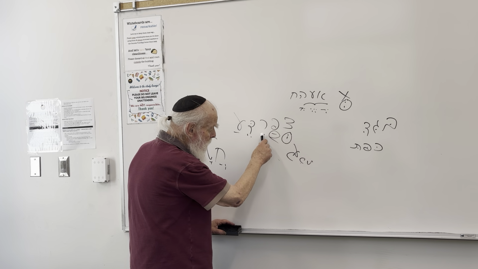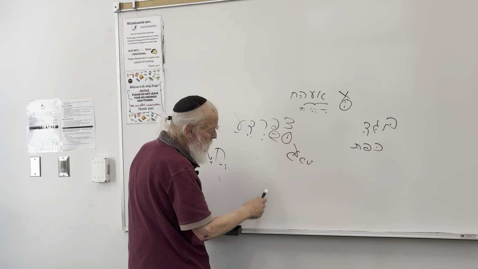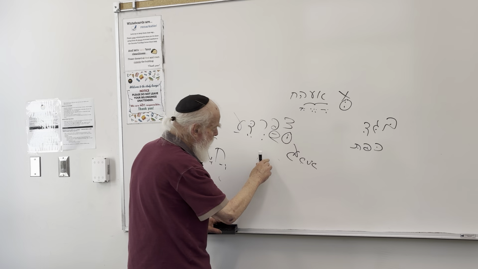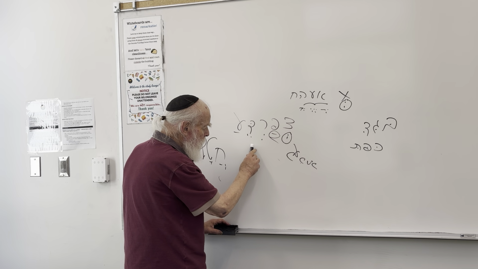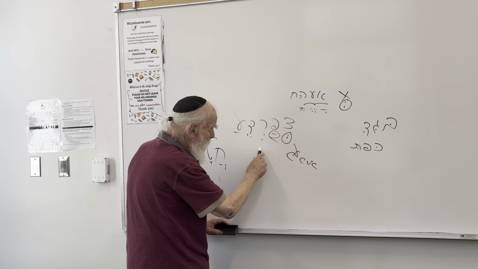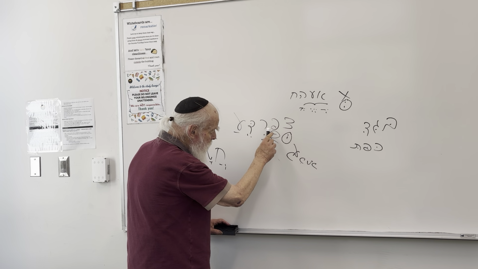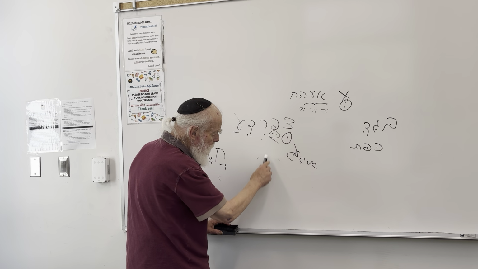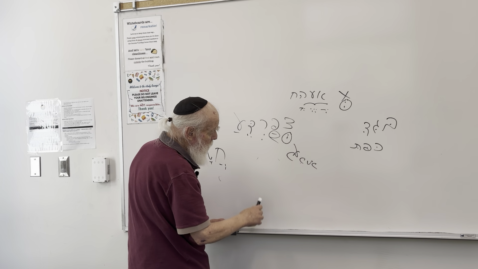But there's underneath the resh a shva. And so the rule in Hebrew is, if you see a shva in the middle of a word, meaning not the first letter and not the last letter, under a letter which follows a short vowel, trust the shva to be a shvana. And that's what we have here.